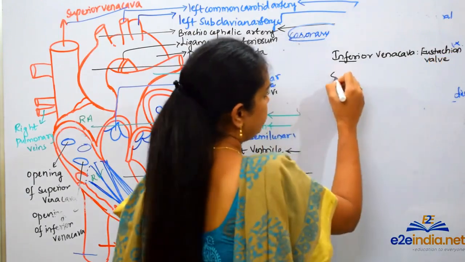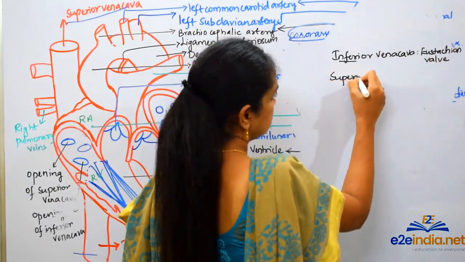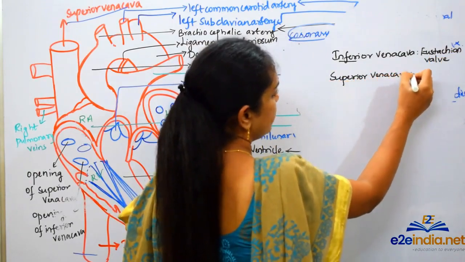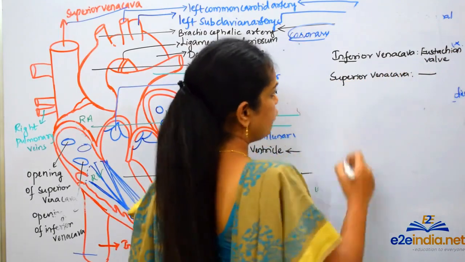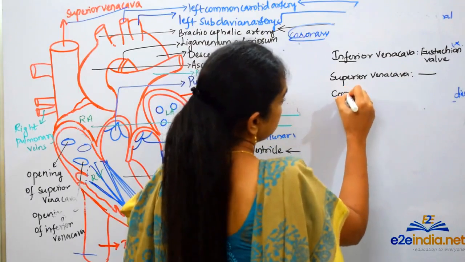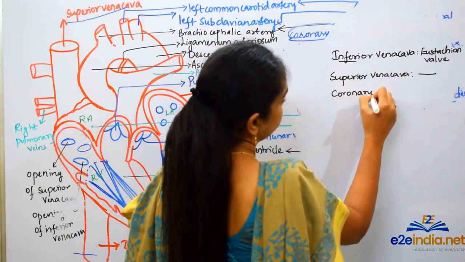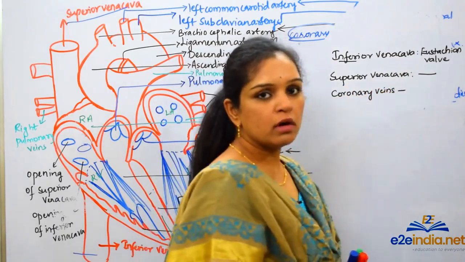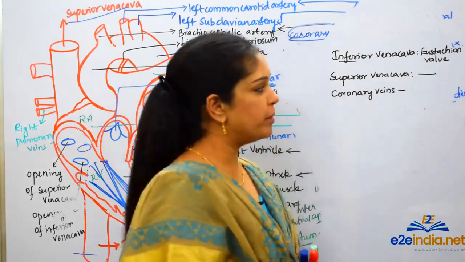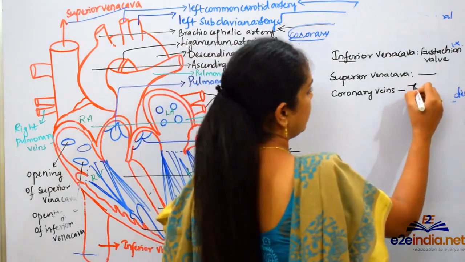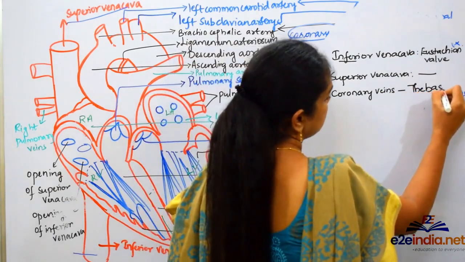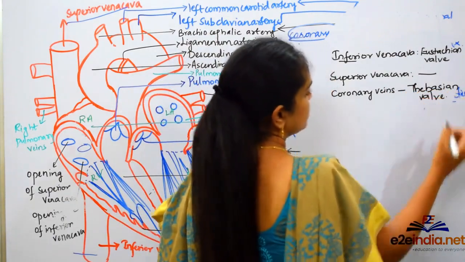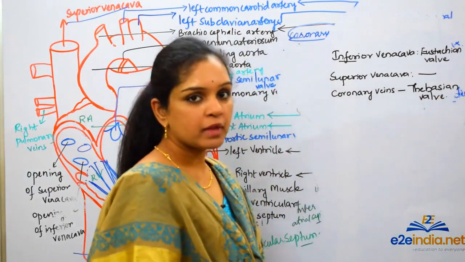The superior vena cava opening doesn't have any valve. The coronary veins open into another opening, the coronary sinus opening, which is guarded by another valve called the Thebesian valve.